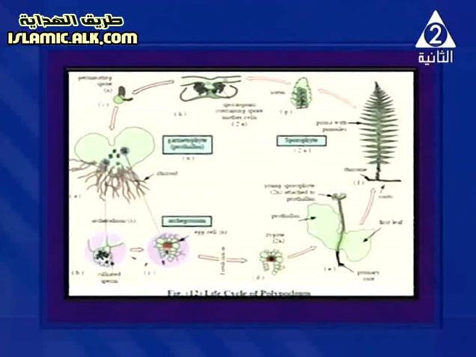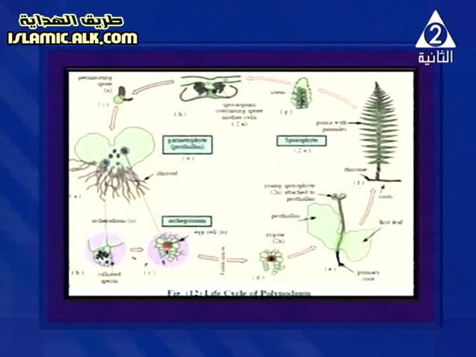Well, as we said, I need you to focus on some points here. The male genital organ is called the antheridium, plural antheridia, and the female one is called the archegonium, plural archegonia. The antheridia produce ciliated sperms that swim in soil water, reaching the archegonia, and after fertilization they form the zygote, which carries the full genetic material.